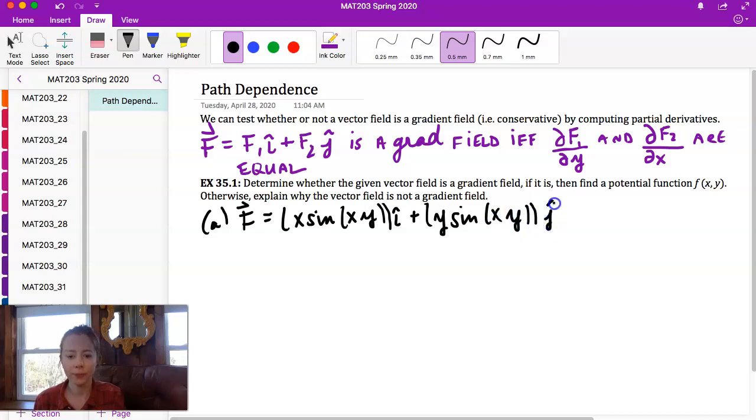All right, so beginning with del f1 over del y. Taking the partial with respect to y for this first piece, we get x squared cosine xy.